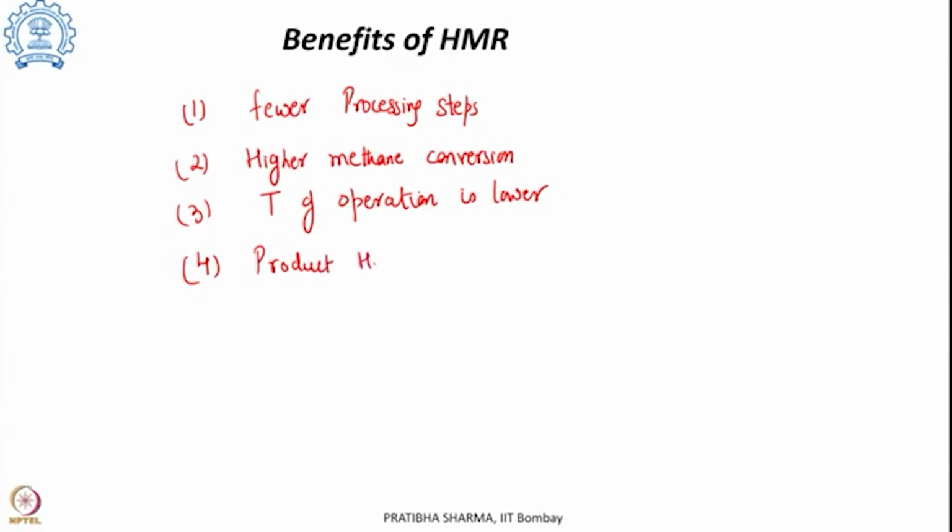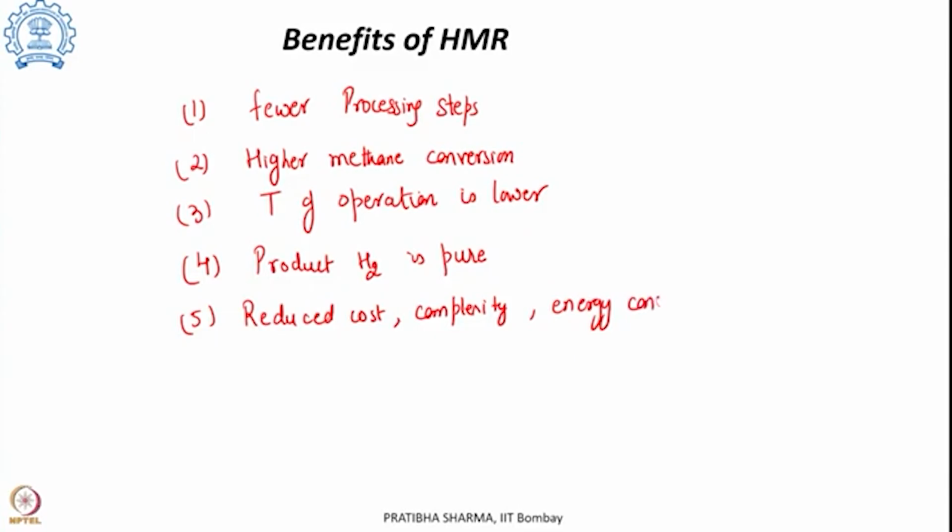Product hydrogen obtained using this method is pure, free from carbon products. Cost, complexity, energy consumption and the footprint required for the reformer are all lower.